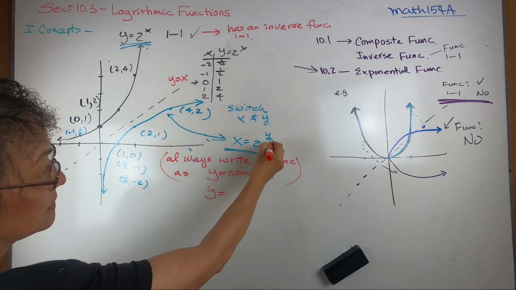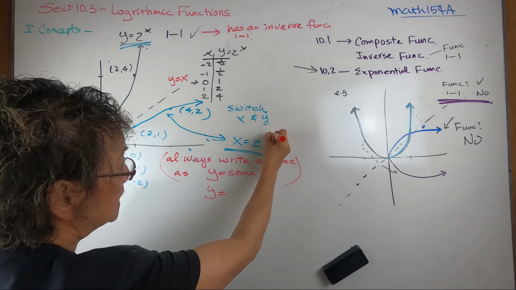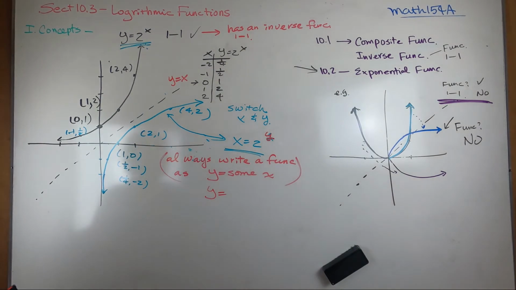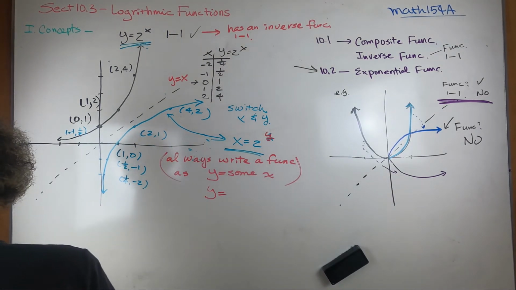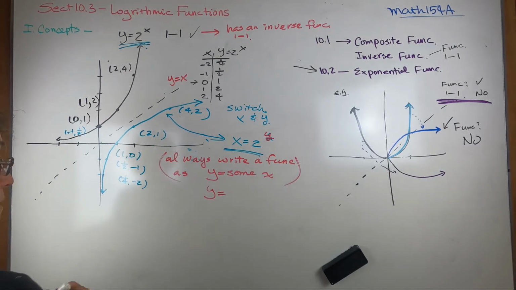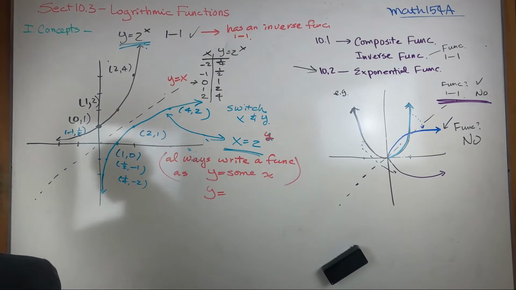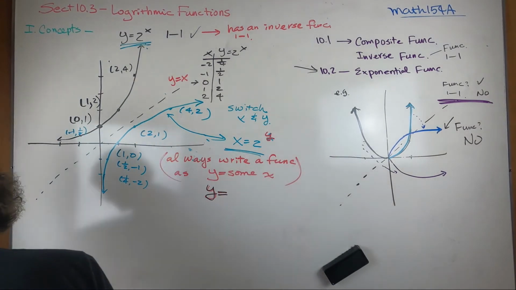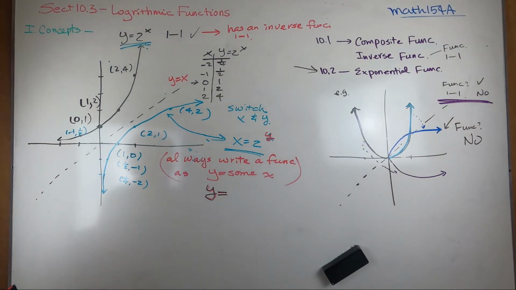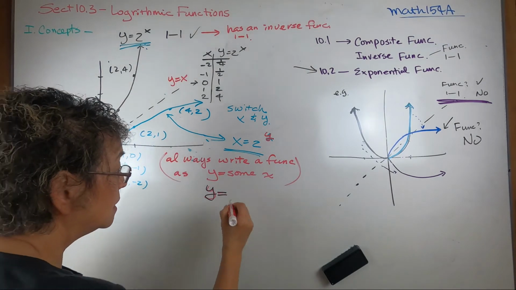How can we do that? But our y is at exponent position. How can we do that? So what we do is we write it this way, okay? We create a symbol called the log.